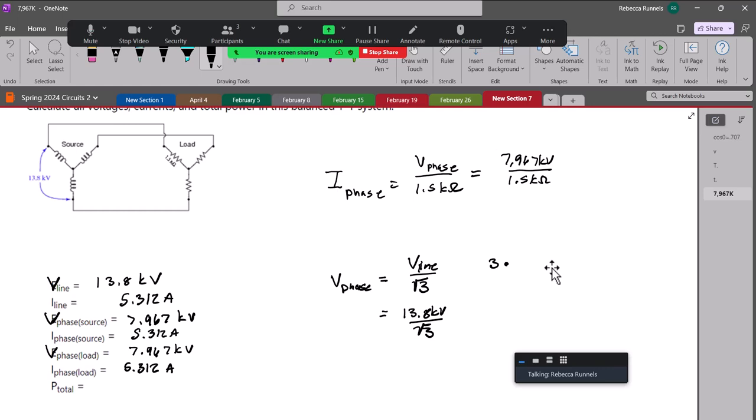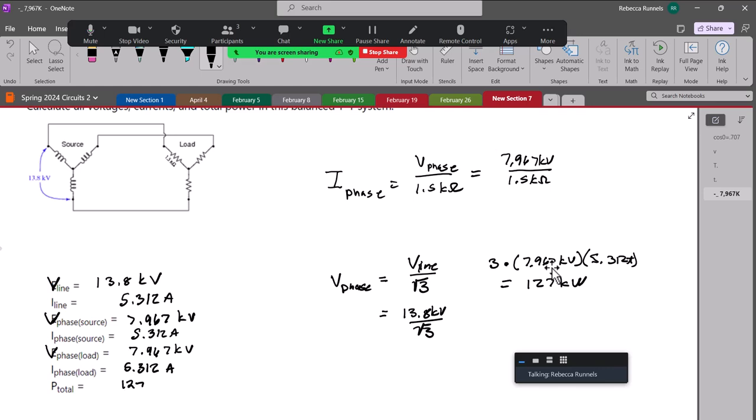So the voltage across each resistor is 7.967 kilovolts, and the current on each one is 5.312 amps, and that ends up being 127 kilowatts.